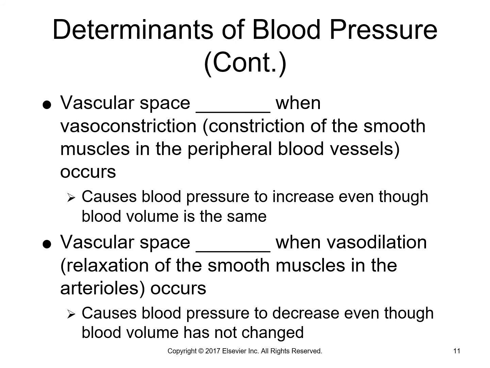And on the flip side, as our vascular space increases with vasodilation, there's relaxation of the smooth muscles, then that causes the blood pressure to decrease even though the blood volume still has not changed. So certain situations like sepsis can make the blood vessels dilate even though we don't want them to. I do want to talk about a non-invasive hemodynamic monitoring system.